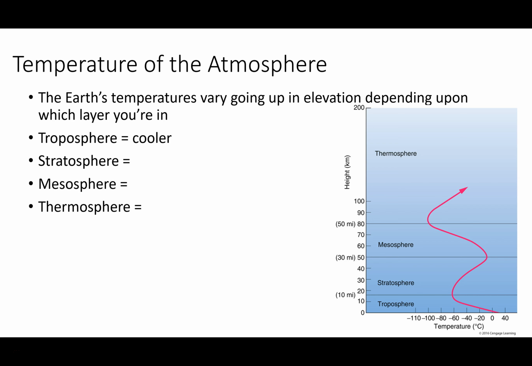Weird thing is, as you go up in the stratosphere, it gets warmer. This is weird, I think. That warmth you could think of as being related to the ozone layer. And it alternates, so in this layer it must get cooler, and it does.